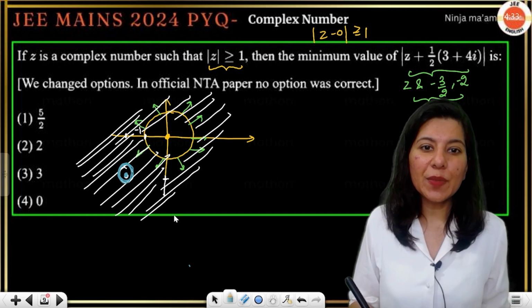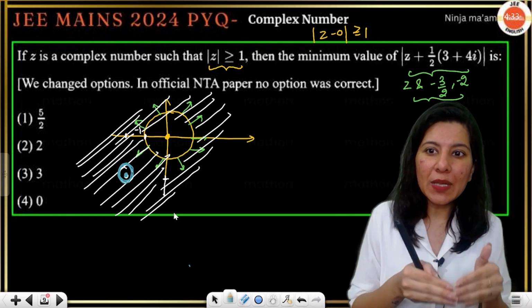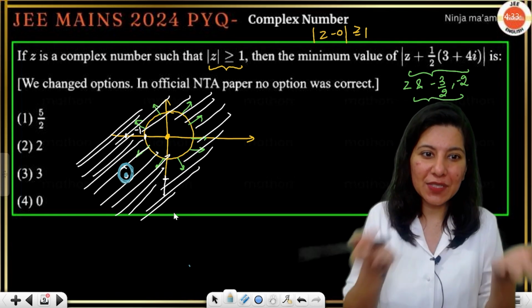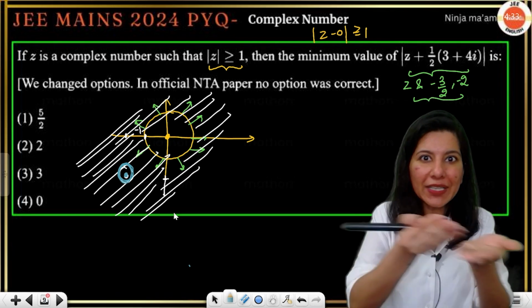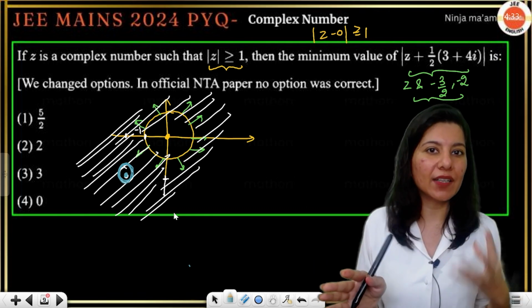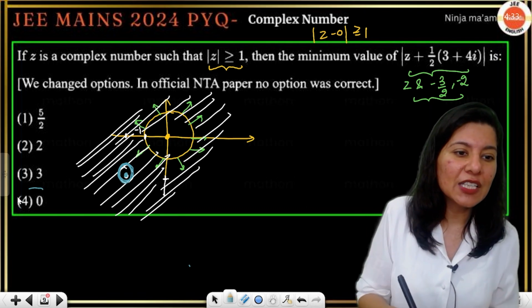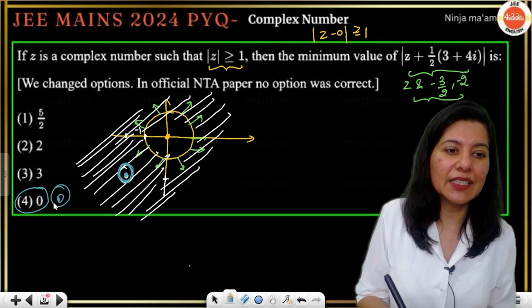So now z can also be minus 3 by 2 comma minus 2, because this point is actually lying on that region. So the minimum possible distance cannot be negative. Can it be 0? Yes. Is that possible? Yes. So the minimum distance is 0. So that's why option D is absolutely correct.